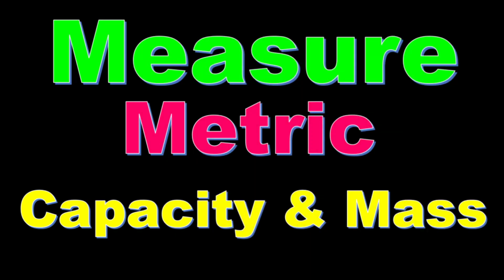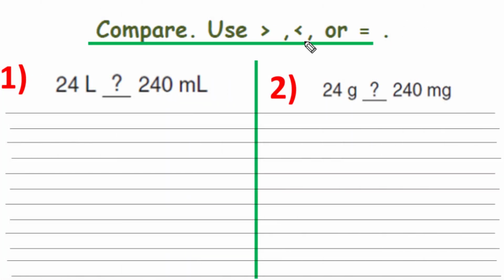Next, measure metric capacity and mass units. Compare using greater than, smaller than, or equal. You have to rename to be the same unit on both sides. 24 liter and 240 milliliter. We will convert 24 liter to milliliters. Just write 24 liter times, write liter down and milliliter up.